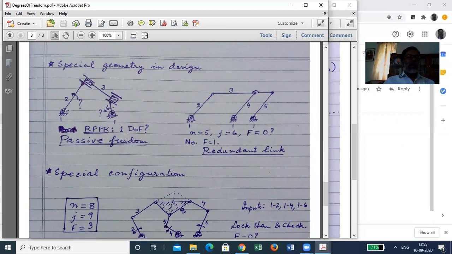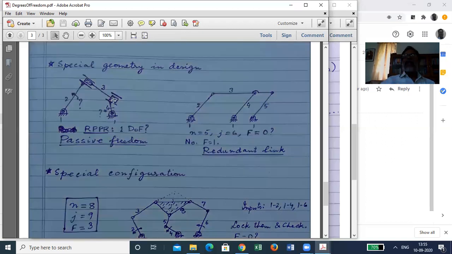For example, consider this mechanism: revolute, prismatic, prismatic, revolute, RPPR. According to the formula, you will get 1 degree of freedom, and a general RPPR mechanism does have 1 degree of freedom. However, by a specific kind of design, what has been done is that this slot and this slot have been aligned together.